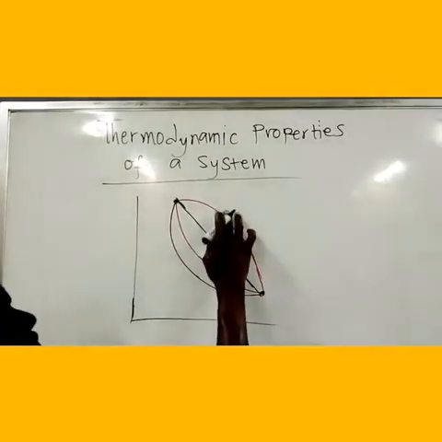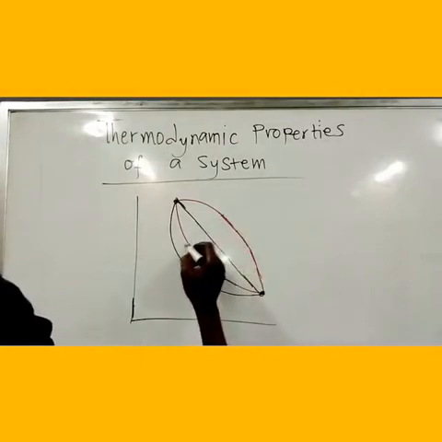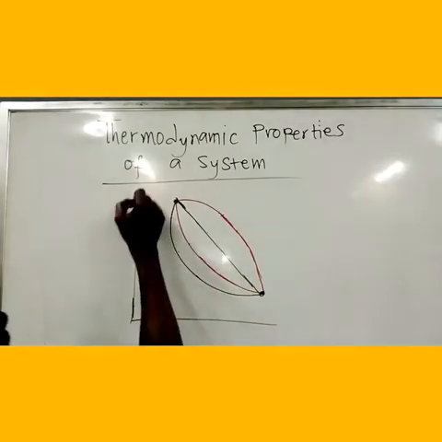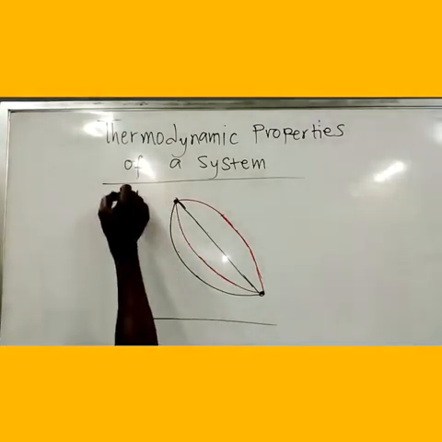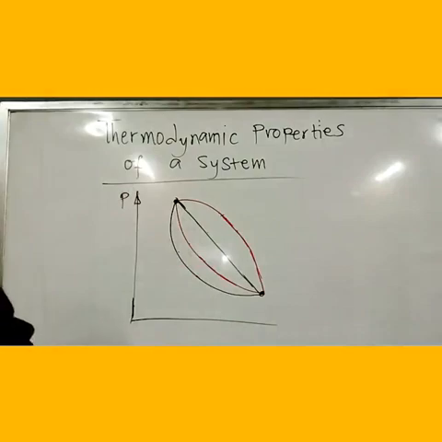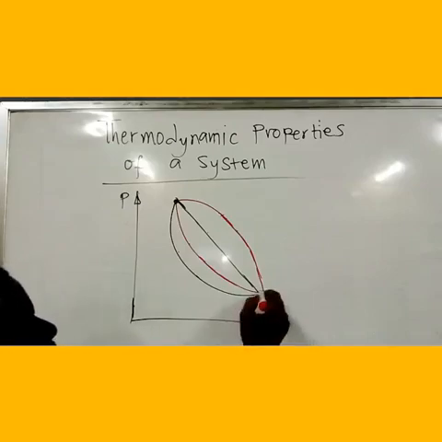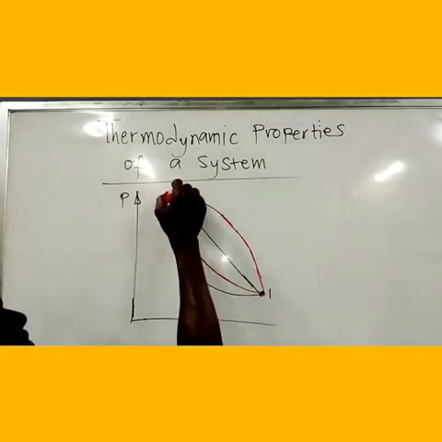Now, let's assume that we have pressure on the vertical axis. So let's see whether pressure qualifies to be a property of a system or not. And this is the initial state of the system, and this is the final state of the system.